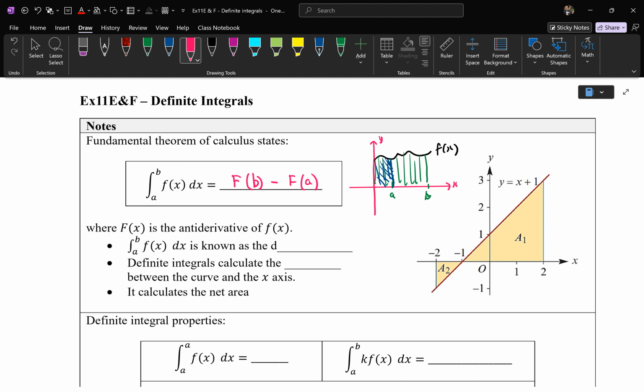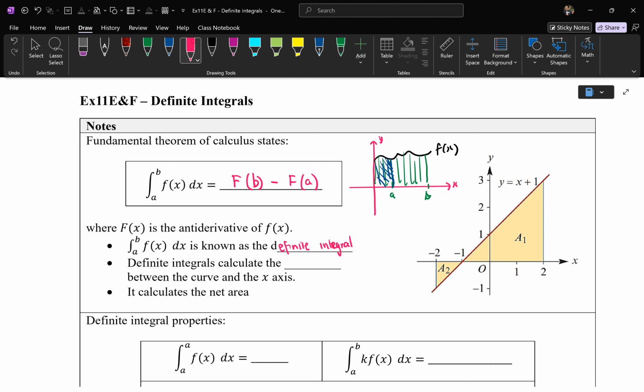Now, a couple of things here. Where F of x is the antiderivative of f of x, this is known as the definite integral. Definite integrals do not have a plus c. It is the value. It should give you a value, kind of like your gradient function versus the gradient at a certain point. Then finding the definite integral between 2 points should give you a value and not a function.